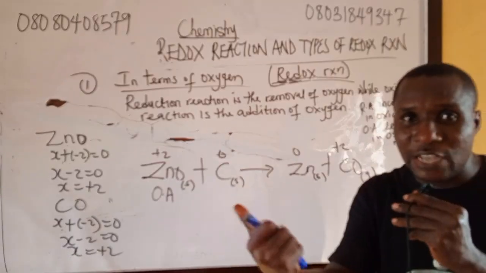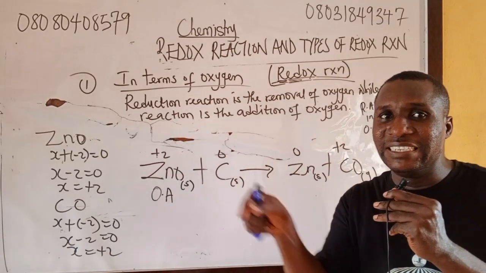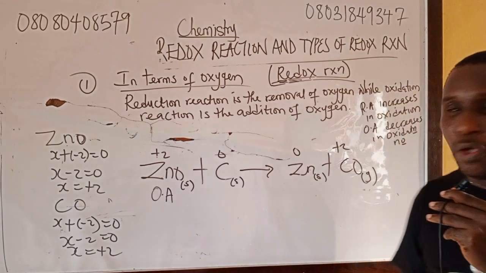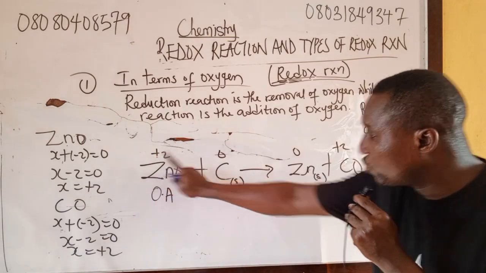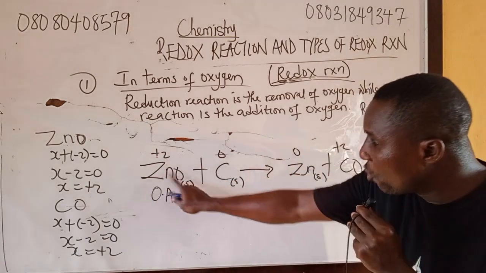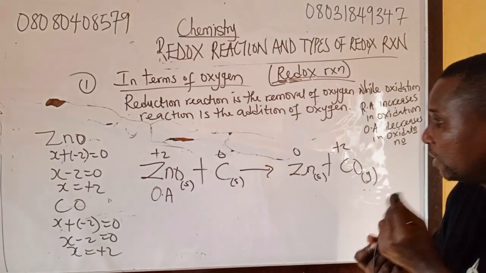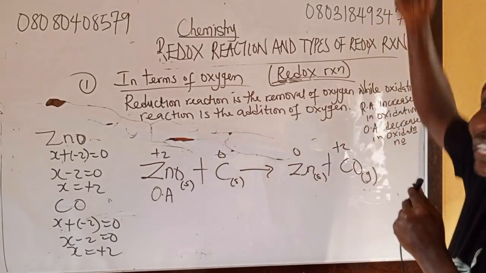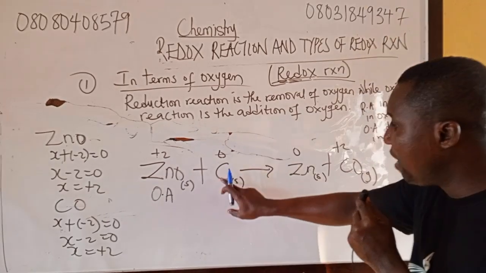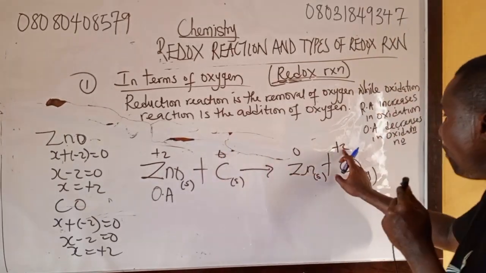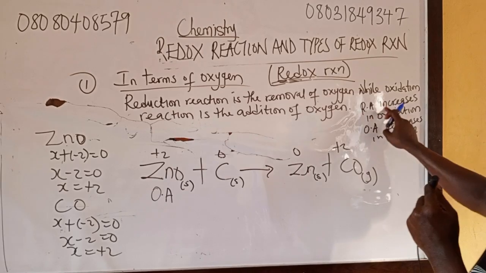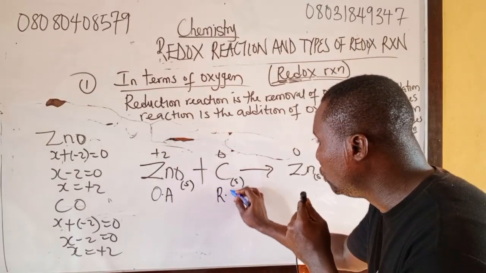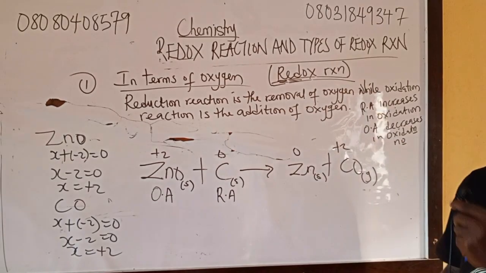Go back to those things that you wrote down. The oxidizing agent gains electrons to decrease in oxidation number. It has decreased from +2 to 0. Therefore, zinc oxide is the oxidizing agent. Then look at carbon. From 0 to +2, what happened? It has increased. The oxidation number of carbon has increased from 0 to +2. Therefore, carbon is the reducing agent. Take note.